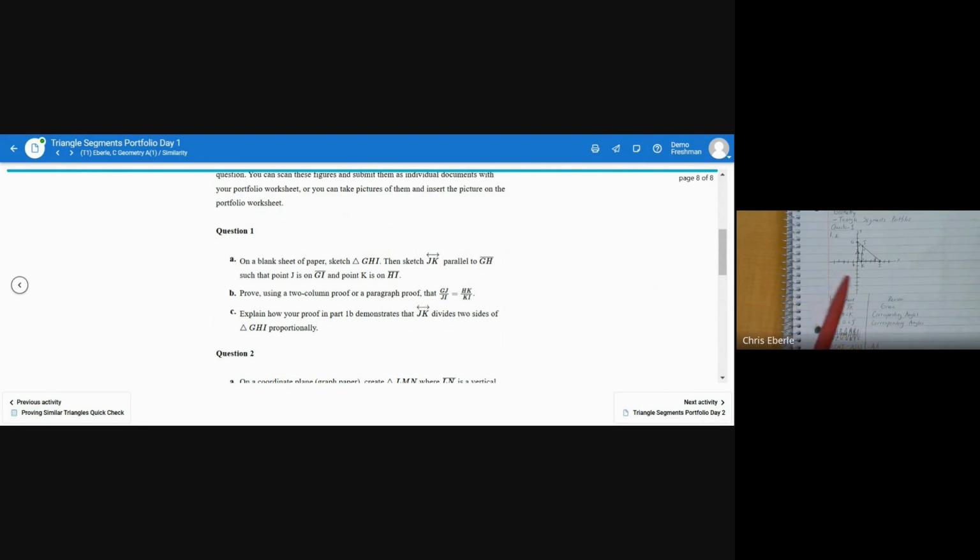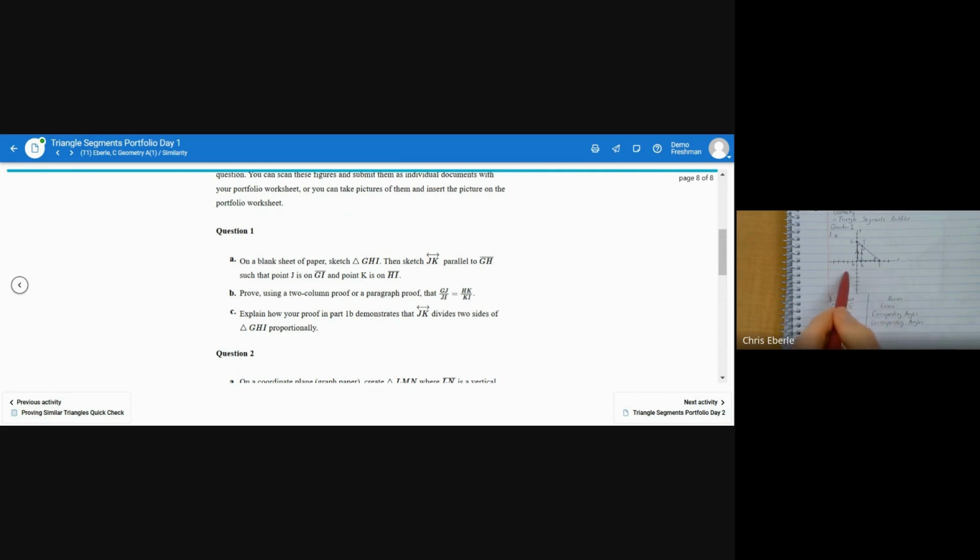So what we're doing here is we are going to then sketch JK, and that's what I've done right here. So JK is parallel to GH, if you've drawn it correctly. Point J is on GI right here, and point K is on HI.